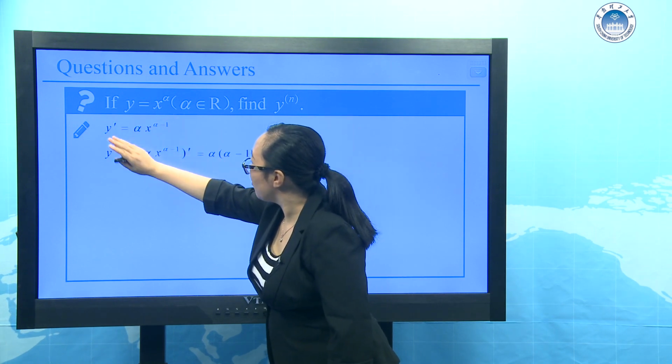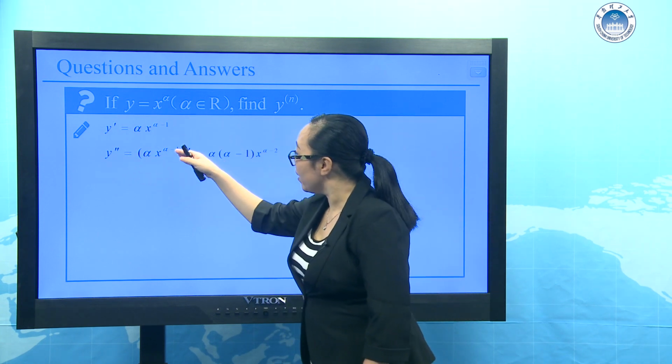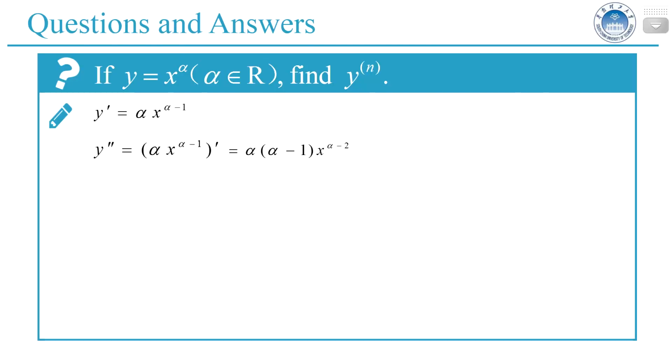The left becomes y'', and the right copies this term's derivative. Alpha is a constant, so we take it out. Alpha minus 1 is another constant, take it out, so alpha minus 1 times x^(alpha minus 1 minus 1), together alpha minus 2.